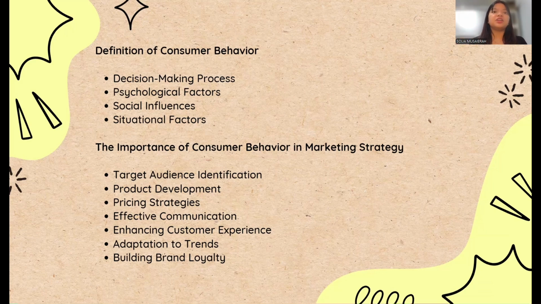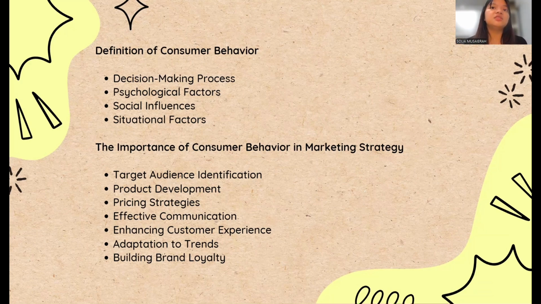And effective communication. Effective communication is all about crafting the right message by understanding consumer motivations and pain points. Companies can create compelling marketing messages that resonate. For example, a health conscious brand would focus on messaging that highlights natural ingredients to appeal to their target audience.